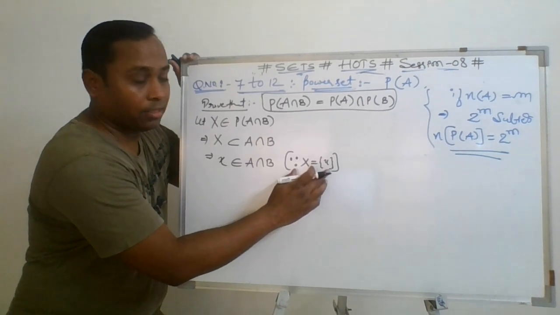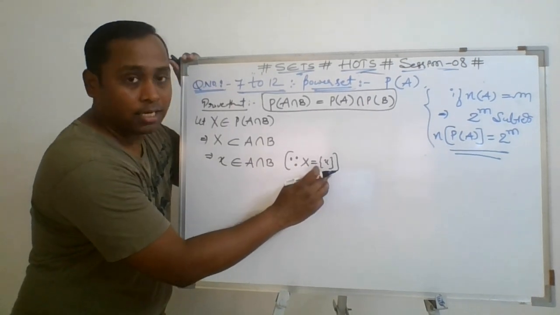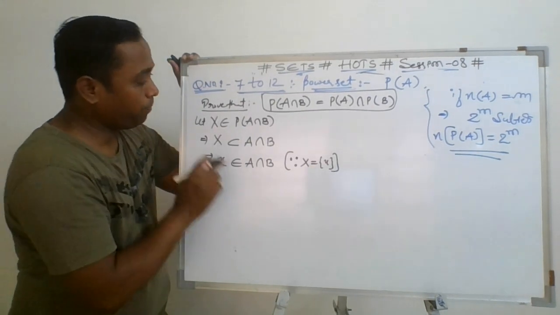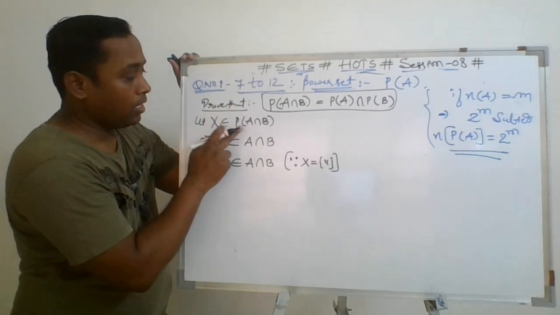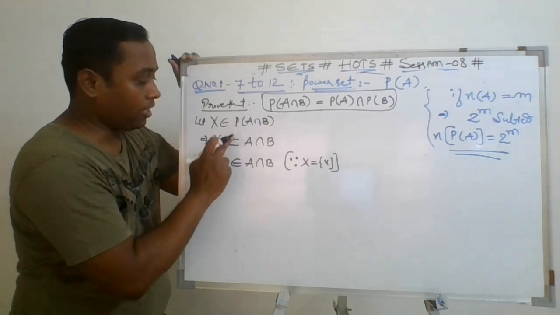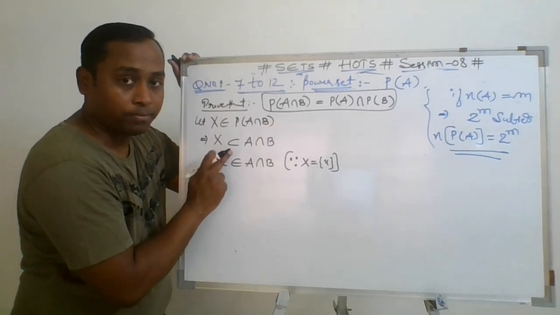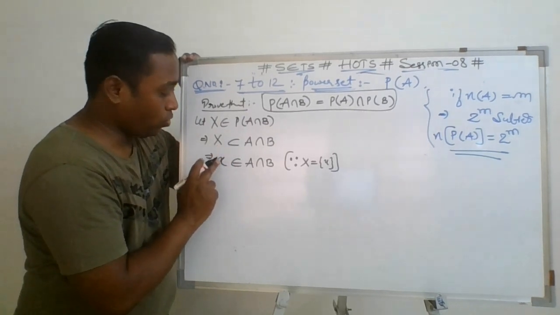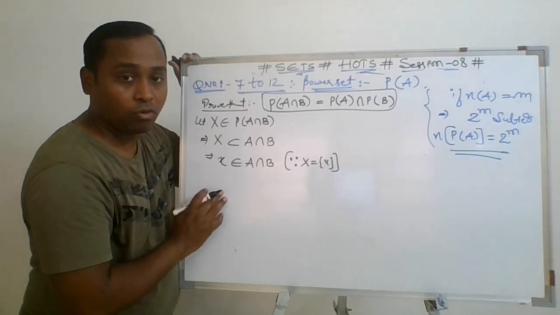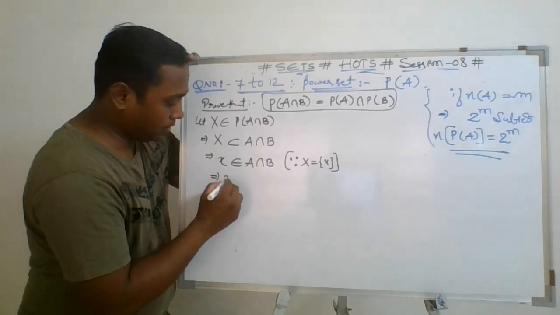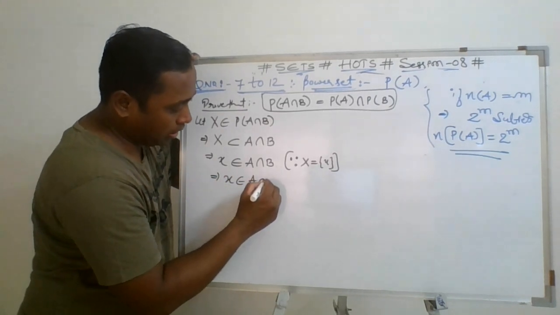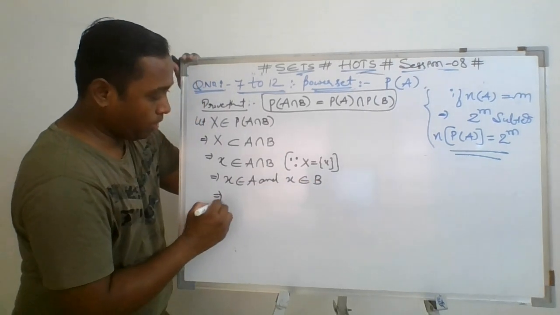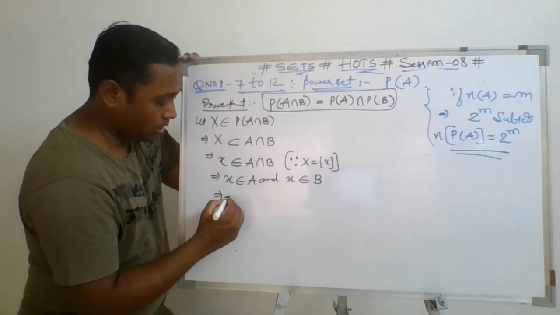So this is my assumption in my mind. If x is an element which is part of capital X, or x is a set which having the element X. In this sense, if capital X is an element of this power set then it will be a subset of A intersection B. If it is a subset then ultimately the element x will be in both, which implies that x belongs to A and x belongs to B. So ultimately again I am coming to reverse order.